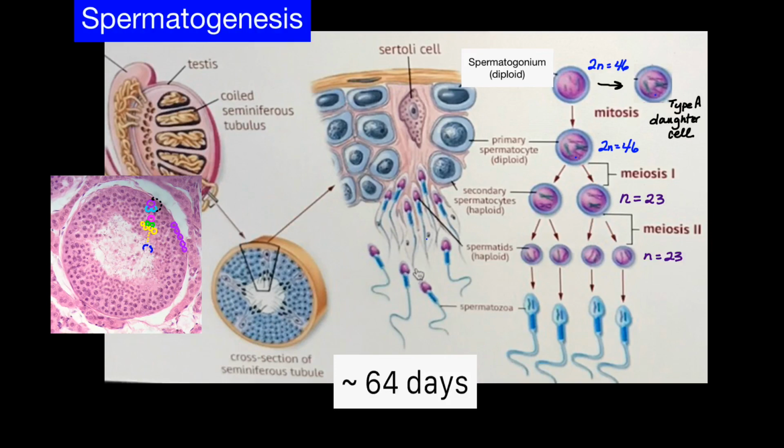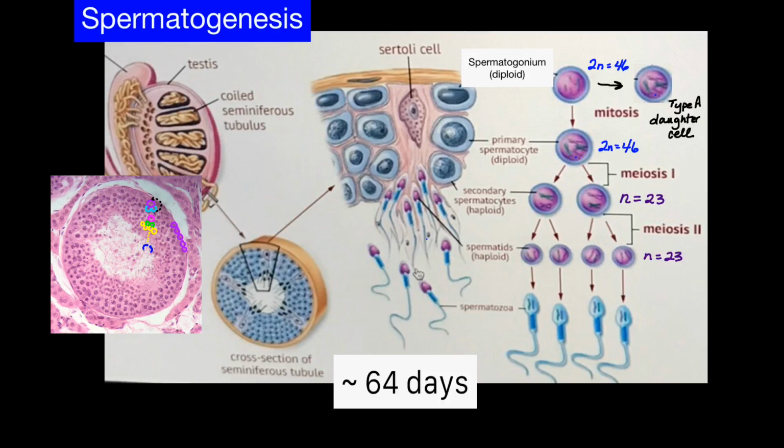This round of meiosis forms what's called a spermatid, and they are haploid, so they have 23 chromosomes. So notice that we're going closer and closer and closer towards the lumen. We're going more and more towards the inside of the tube.